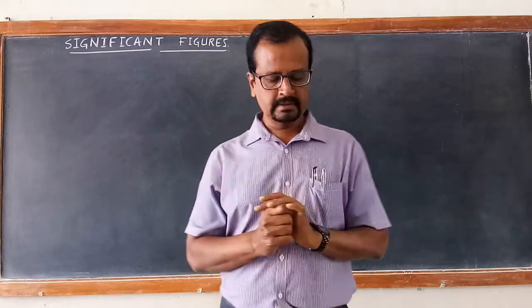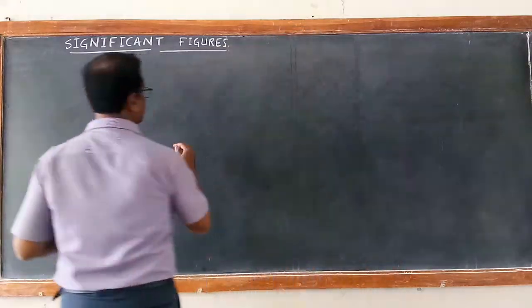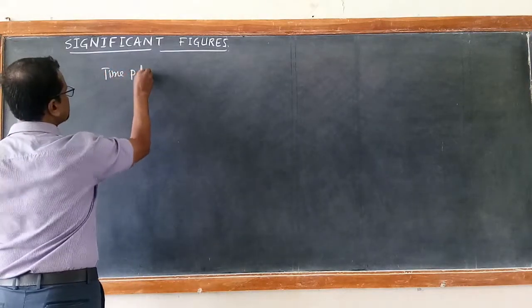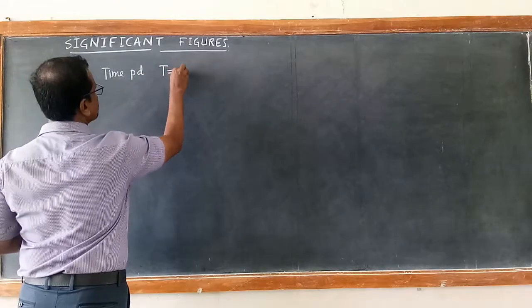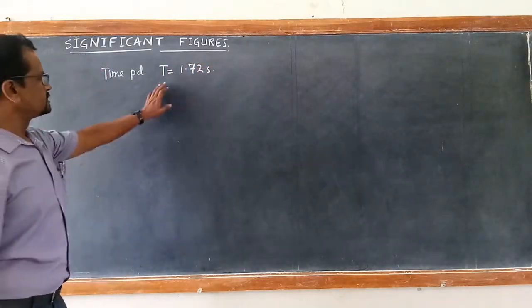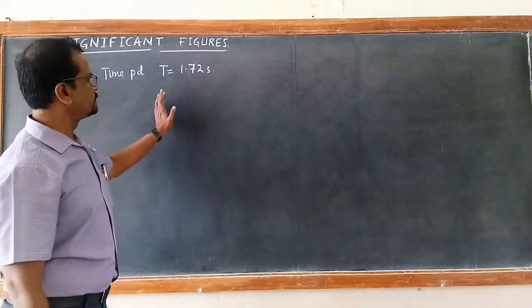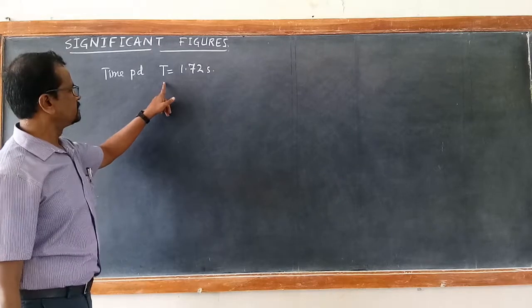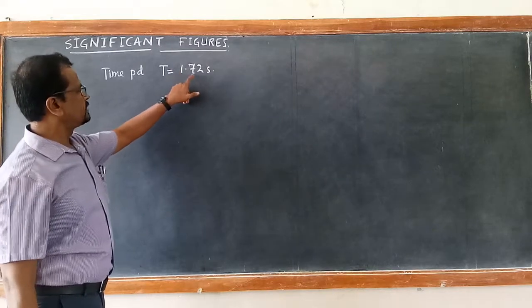For example, the time period of a pendulum. Suppose the time period of a pendulum is 1.72 seconds. This is the result that we get after doing the simple pendulum experiment. If you see, there are three significant figures.